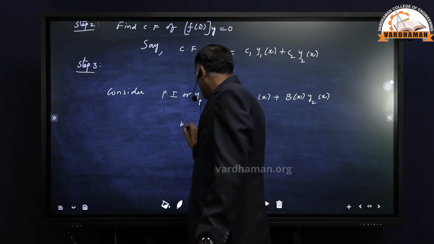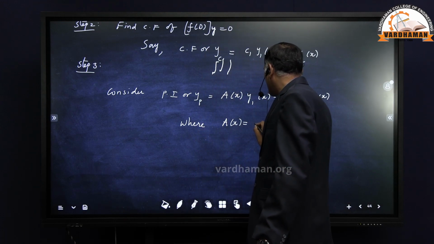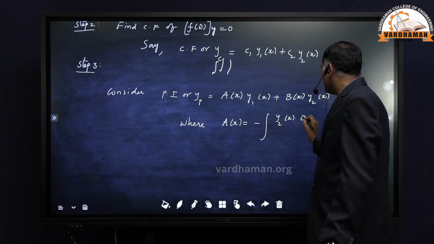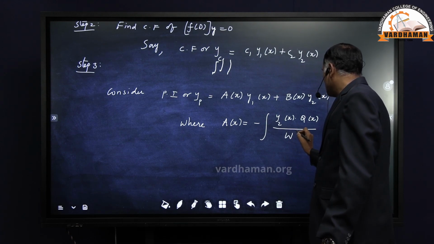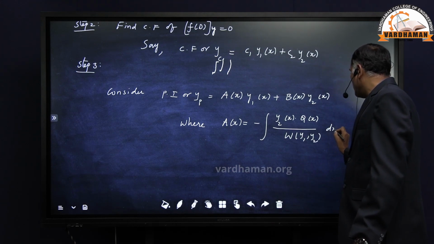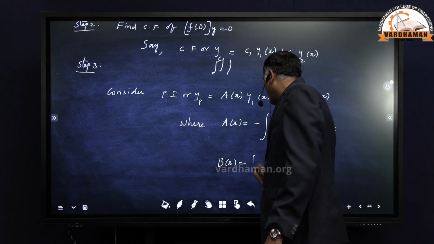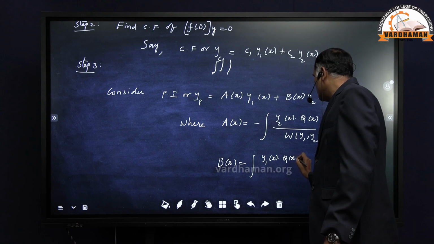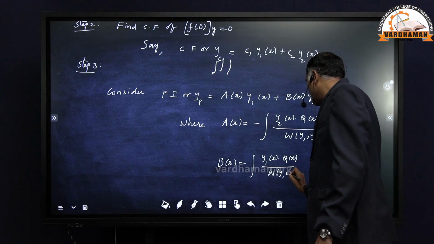Now here a is given by the integral of minus y2 into q by W dx, where W is called Wronskian, and b is given by the integral of y1 into q by W dx.